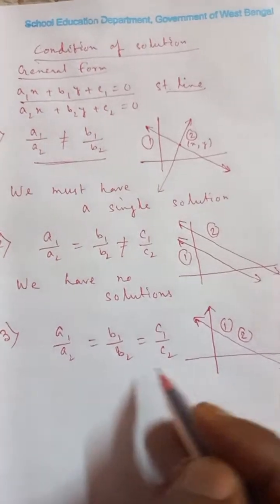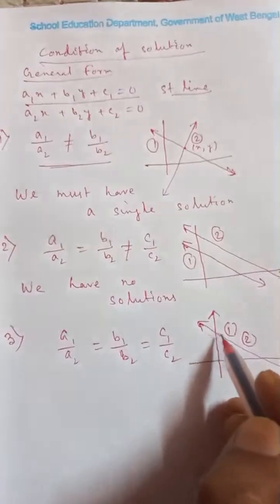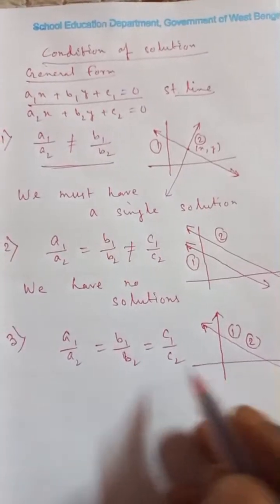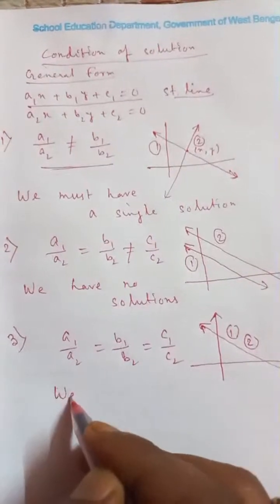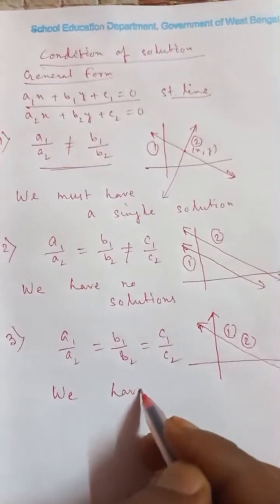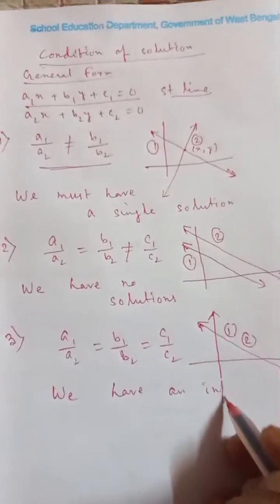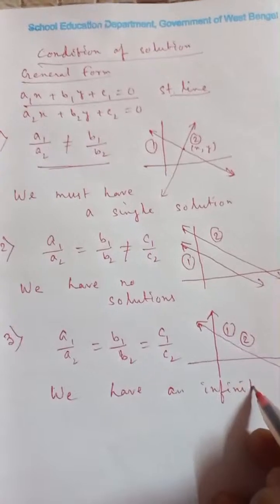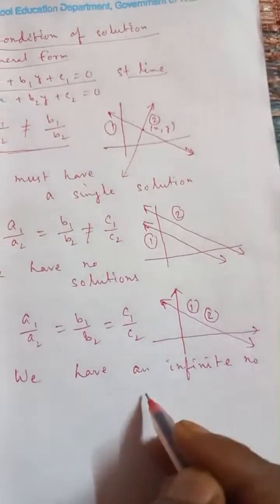So in this case we have an infinite number of intersecting points, so we have an infinite number of solutions.